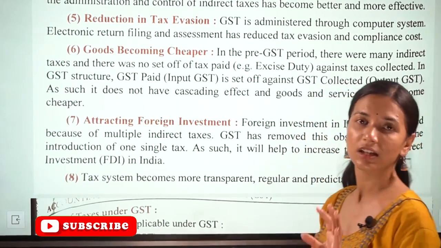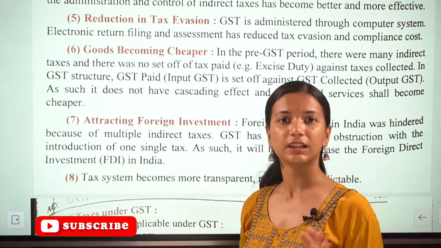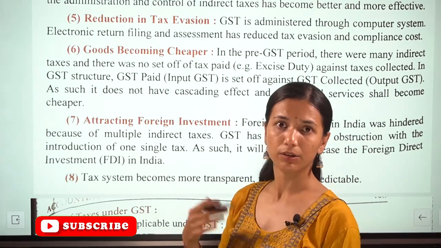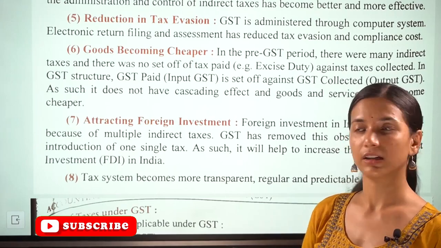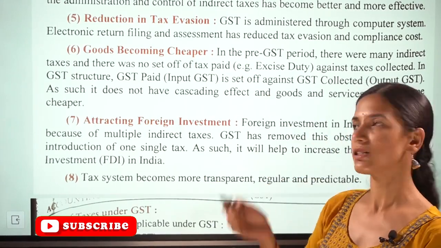Since it is a computerized system, it is very easy to load all the details regarding the tax that we are charging on someone or paying to someone. So all these details get easily calculated, and this way it has reduced the tax calculations.